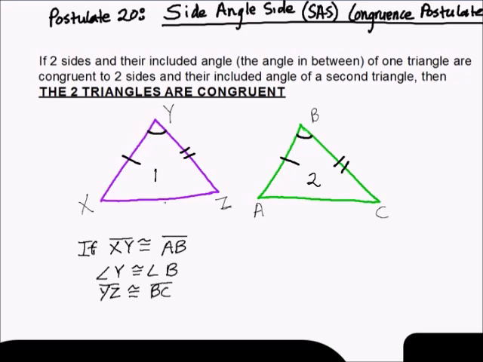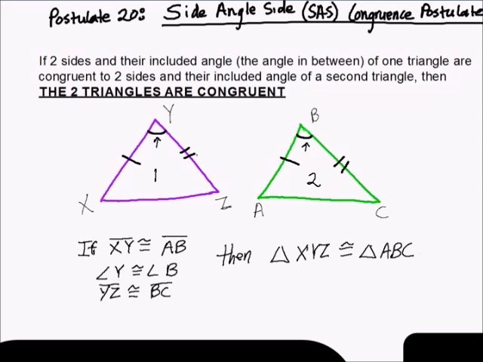So I have these two sides, so XY and AB are the same, YZ and BC are the same, and then the angle in between, angle Y and angle B, are the same, so they both have one dash. Then I can say triangle XYZ is congruent to triangle ABC. So X matches up with A, Y matches up with B, Z matches up with C.